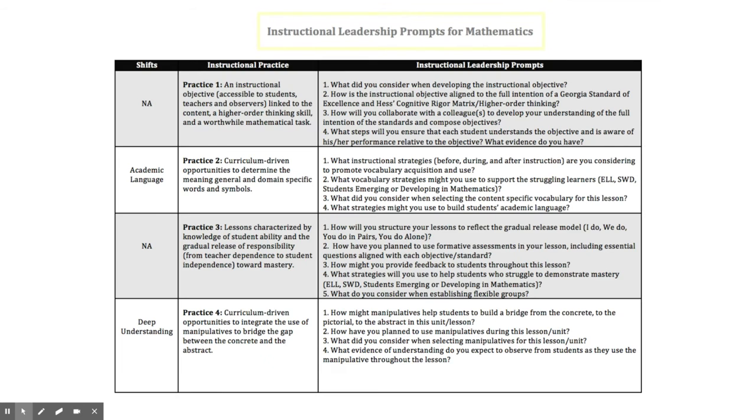And so we know that that mathematical language is of the utmost importance, right? And so as we begin to figure out ways or what are some prompts, here's an instructional leadership prompt for mathematics, practice 2. These are some great questions. What instructional strategies before instruction am I considering to promote vocabulary acquisition and use?